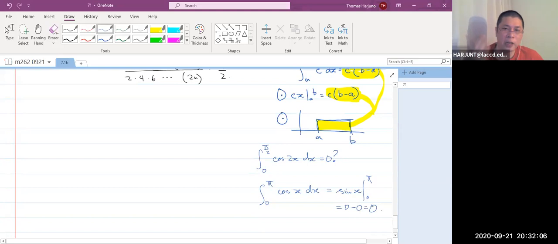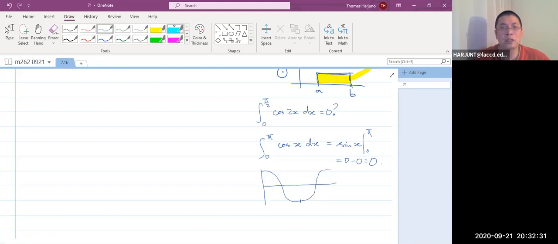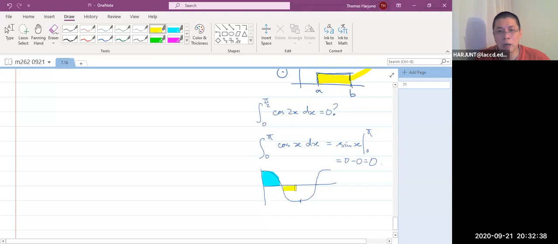Okay, that's a very textbook method, nothing wrong with that, but you still need to work it out. The way I think you should think about it is this. Take a look at the graph of cosine, from x equals 0 to pi, and then from pi to 2 pi. Now the thing is, the area here and the area here are the same, except that the values are opposite.